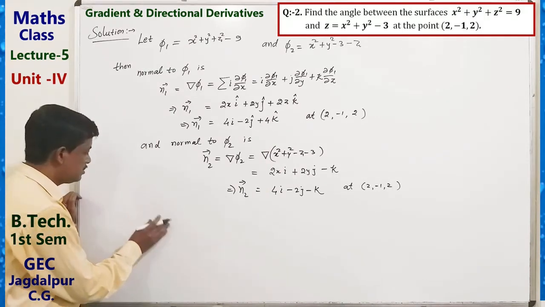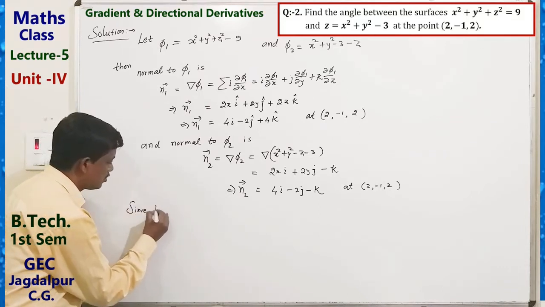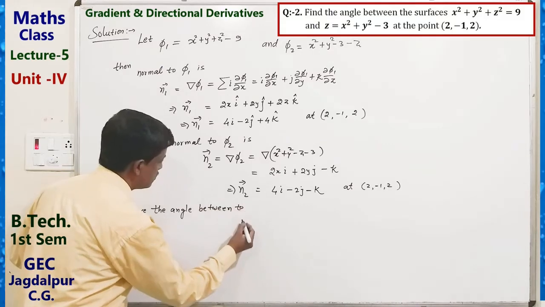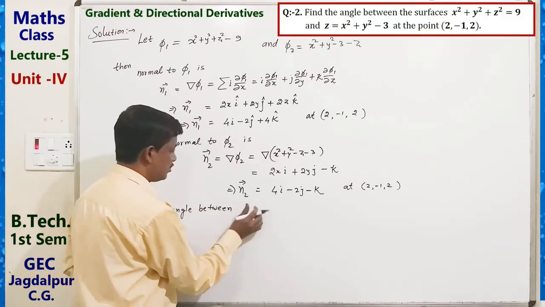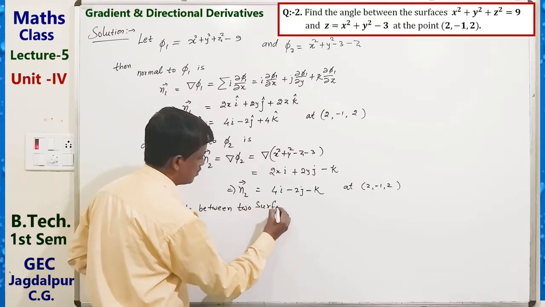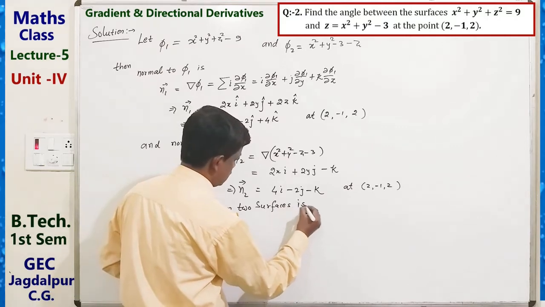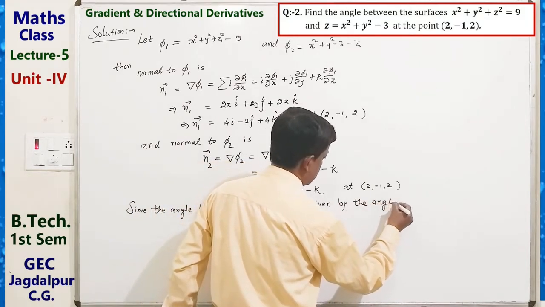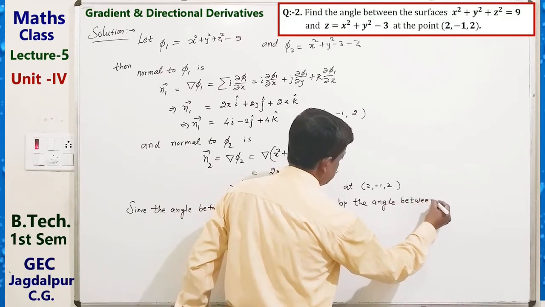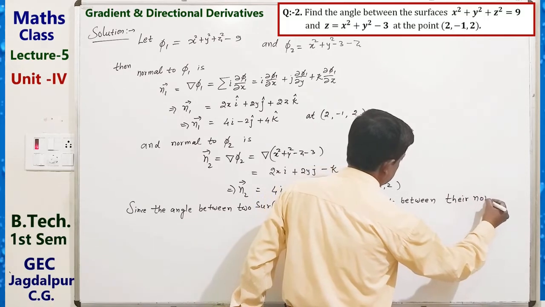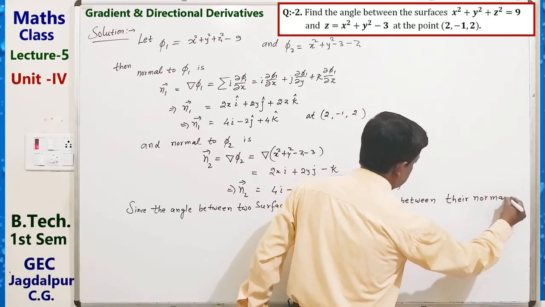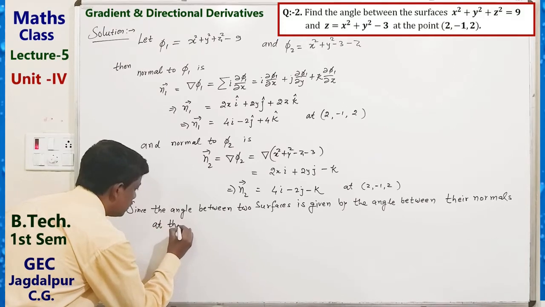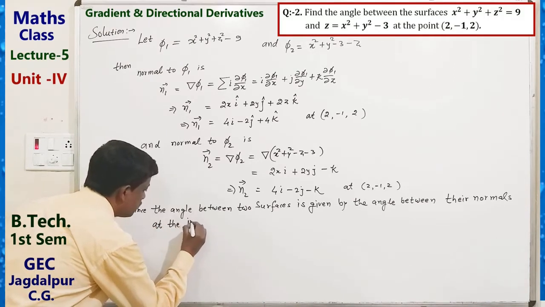Now, since the angle between two surfaces is given by the angle between their normals at the intersection point.